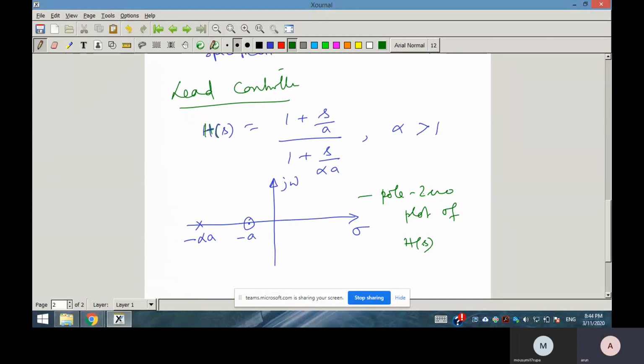Now, in the lead controller, before that I should know what is the objective of the lead controller.